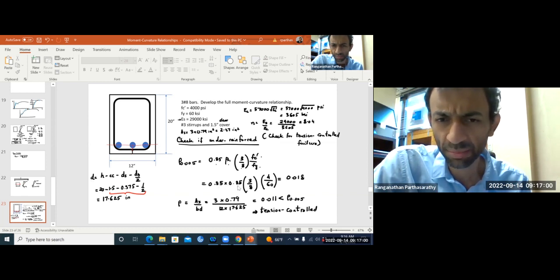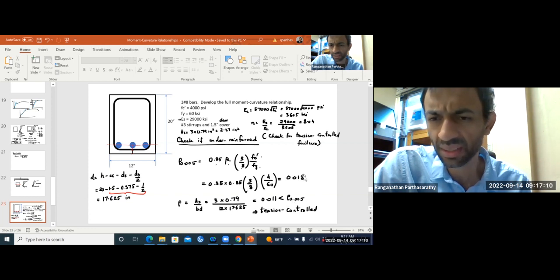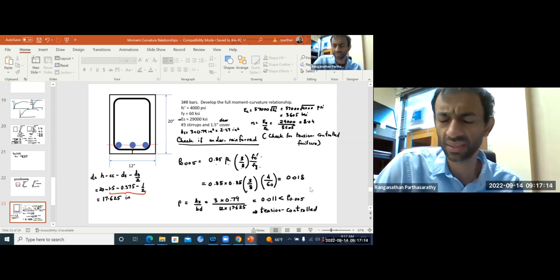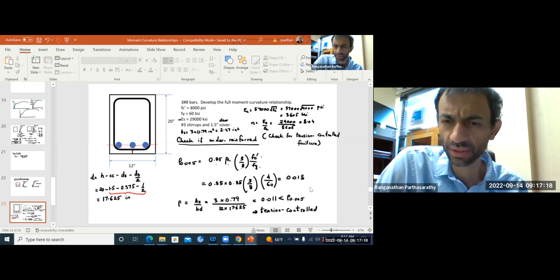So 0.85, beta 1 is 0.85 since f'c is 4000 psi, times 3/8, times f'c of 4, over fy of 60, and you get 0.018. Is it clear? Okay, 0.018.